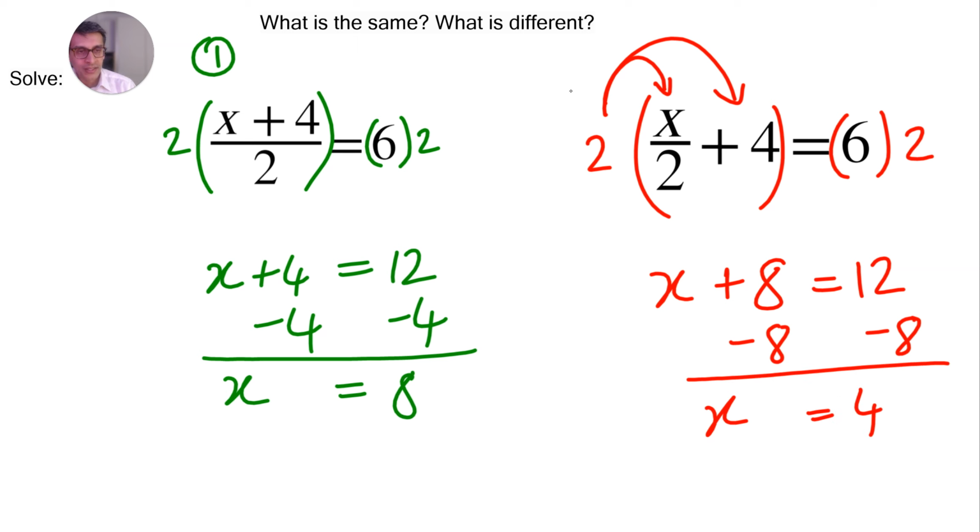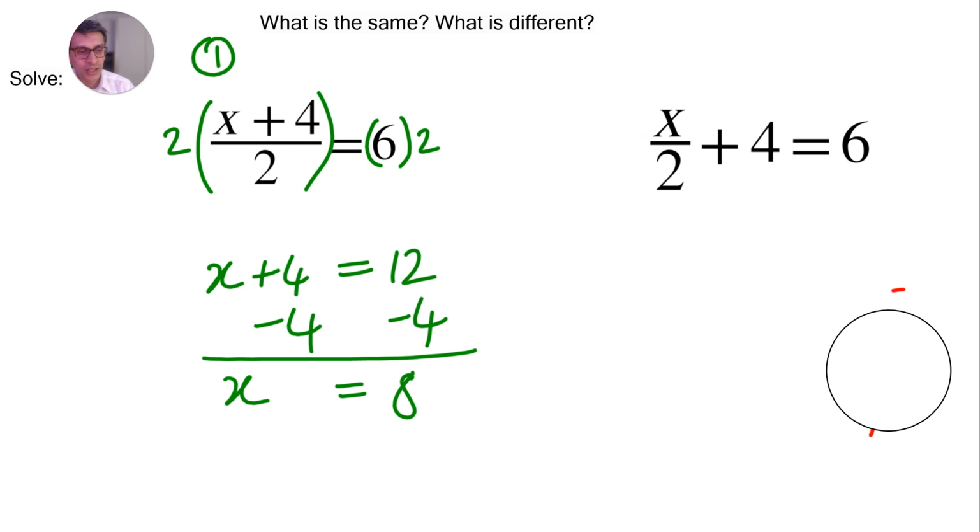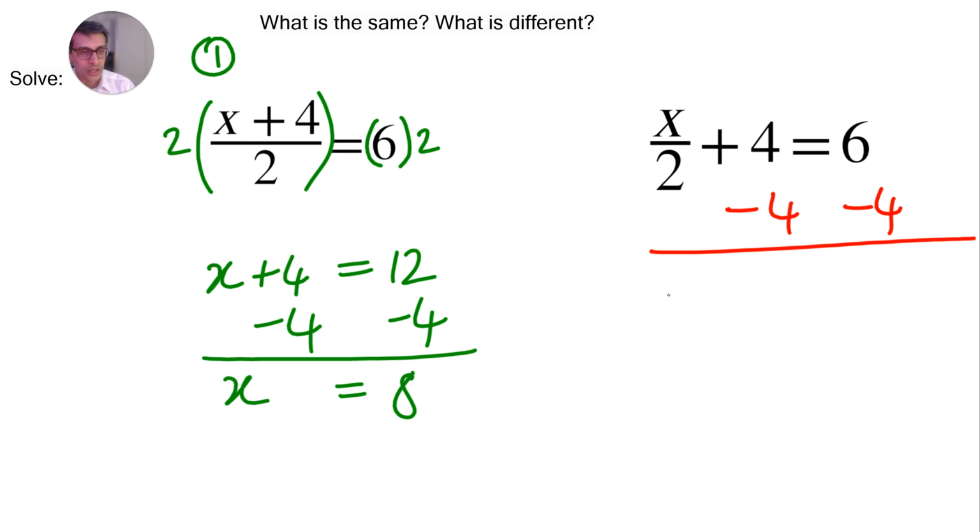So the second way to do the question on the right is, rather than multiplying everything by 2, we could also decide to just take away 4 from both sides. So take away 4, take away 4. So this becomes x over 2 equals 2.